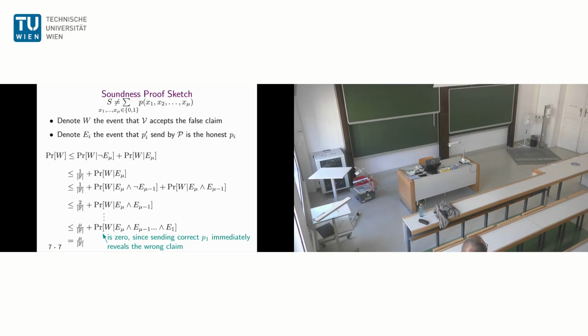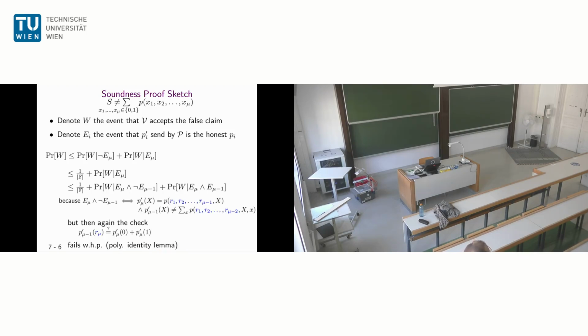If you are in the case not e mu minus 1, then the prover would already know that it is not, he would already return 0, and then he can't win anymore. Why? Because if the check fails, then he returns 0. But then we can't be in the case that the prover wins in the next.